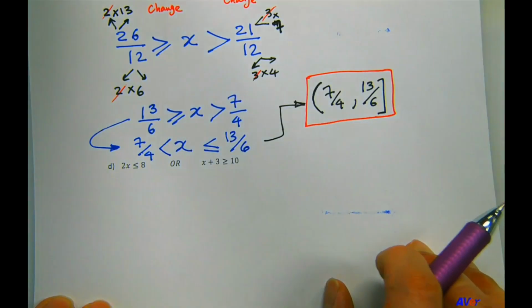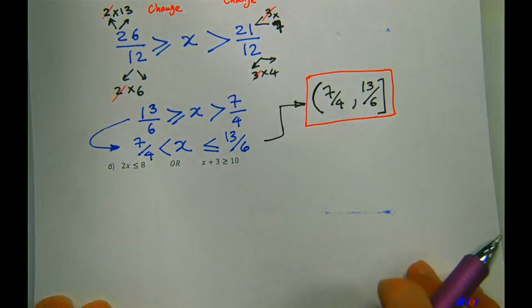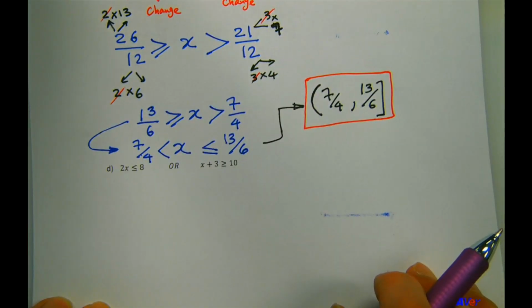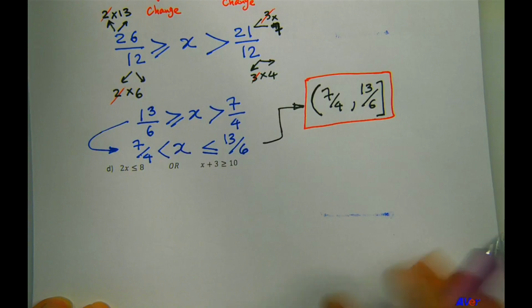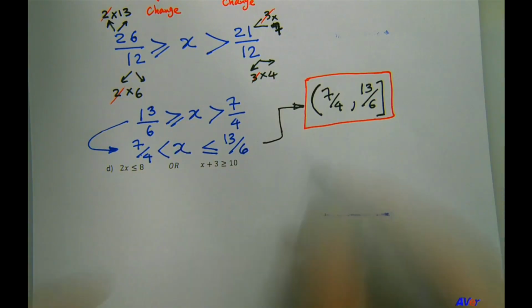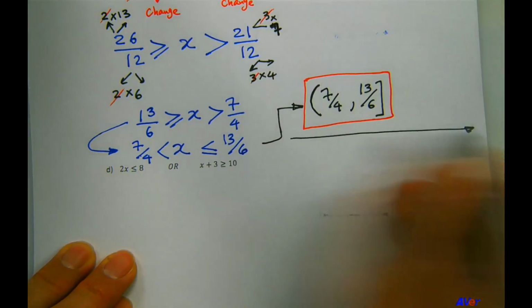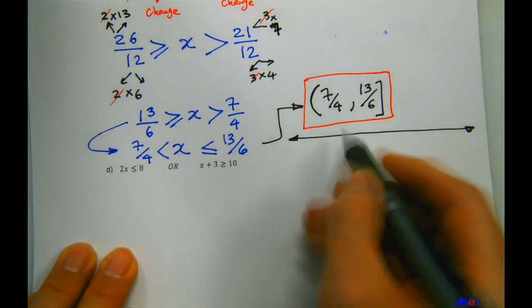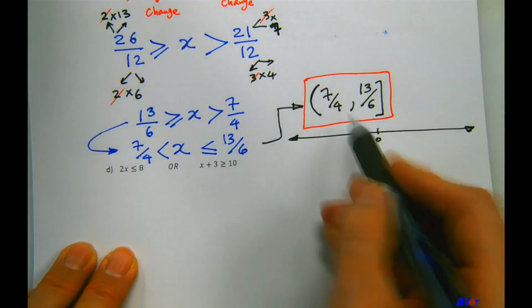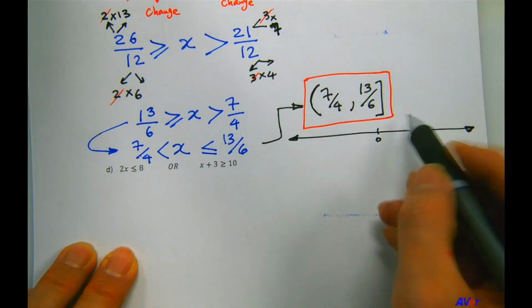And I guess they did ask us to graph these. So let me put the graph right underneath this here, since I have enough room. Okay. So we have 0 here, and everything is positive.